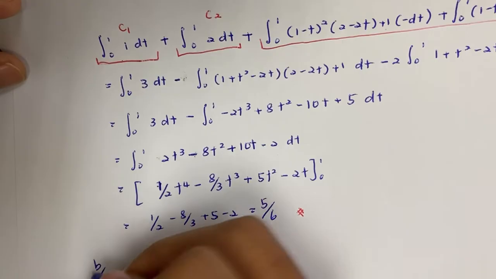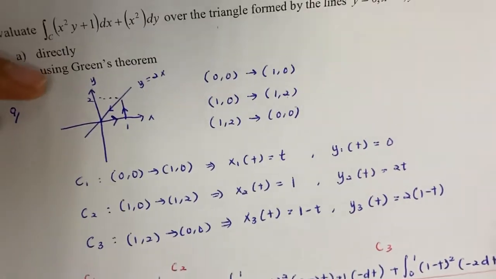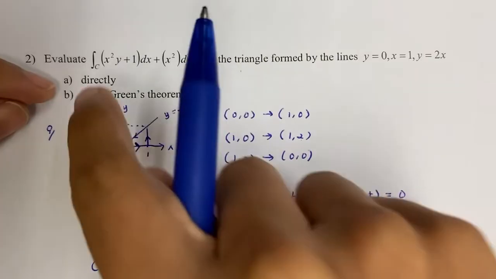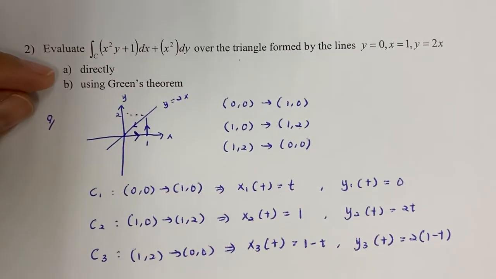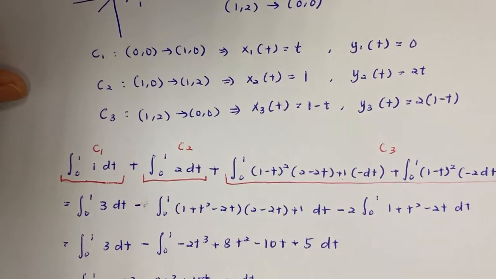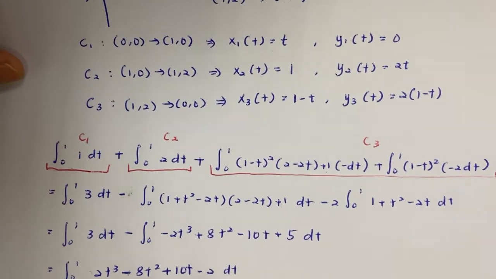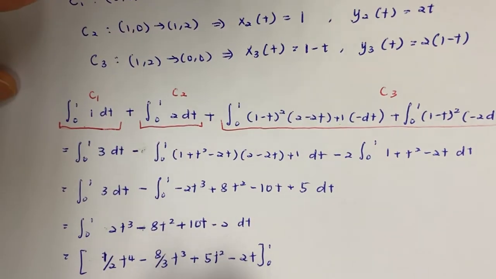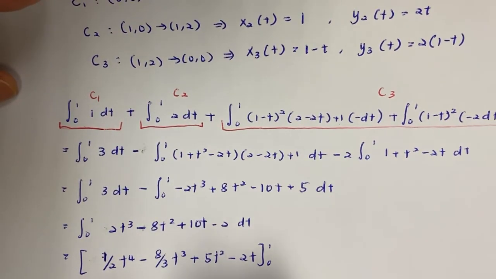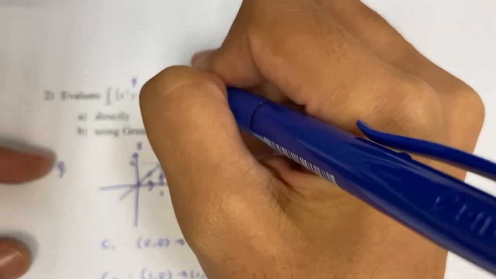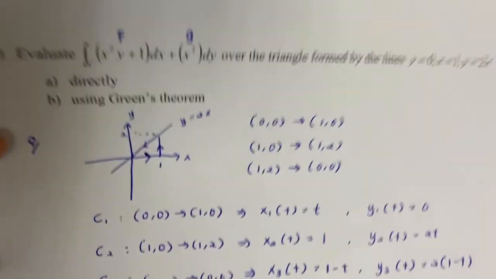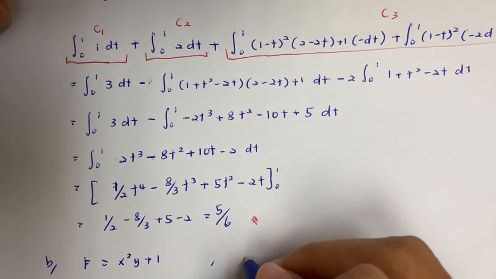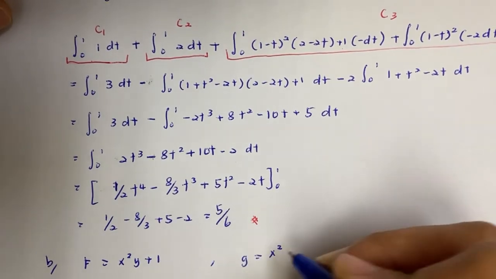And then for B, using Green's theorem. For Green's theorem, from here you have f equal to x square y plus 1. This is our f and this is our g, so our g is equal to x square.